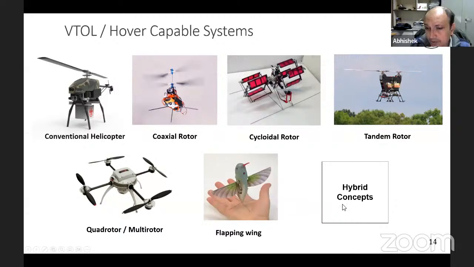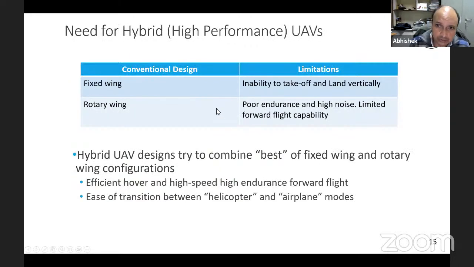Beyond these typical concepts, there are hybrid concepts which try to merge the best of the rotary wing and the fixed wing world. Fixed wing systems have the major problem that you cannot take off and land vertically, and that's why you want something which can do VTOL. That is achievable through rotary wing systems, but they suffer from poor endurance and high noise.